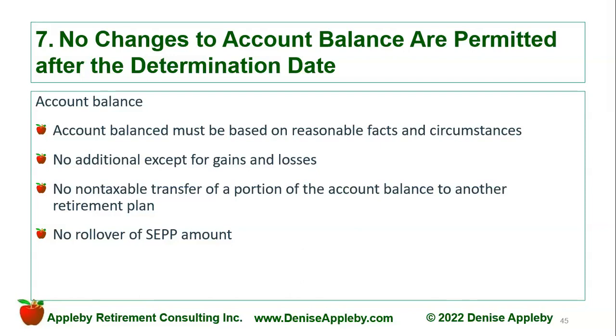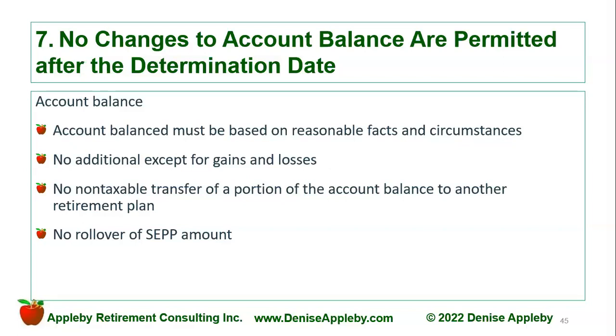Now, that account can be converted to a brand new Roth IRA where the individual continues to take the 72T payment. They can also do a full transfer of that account to another brand new IRA or account and continue taking the 72T payments.